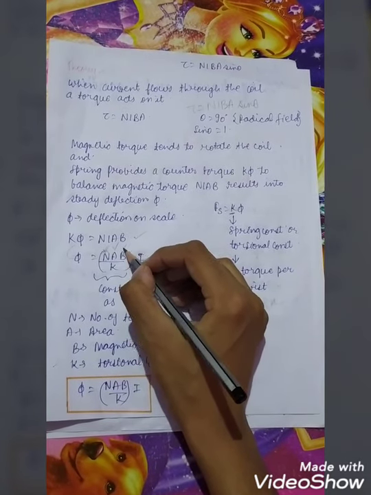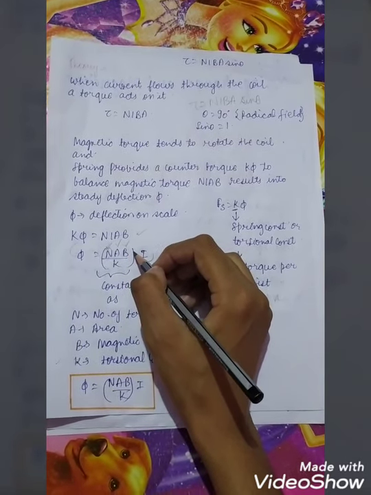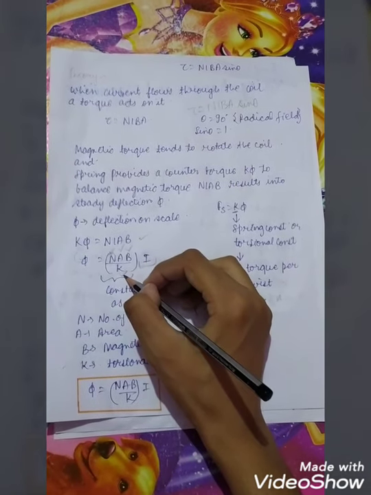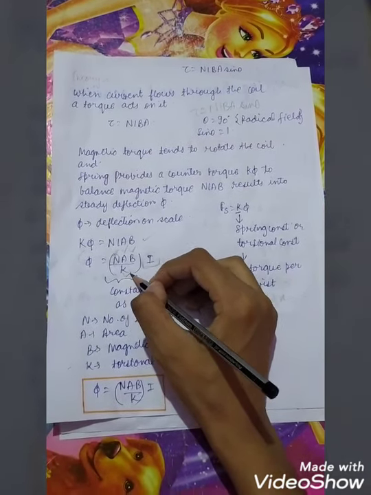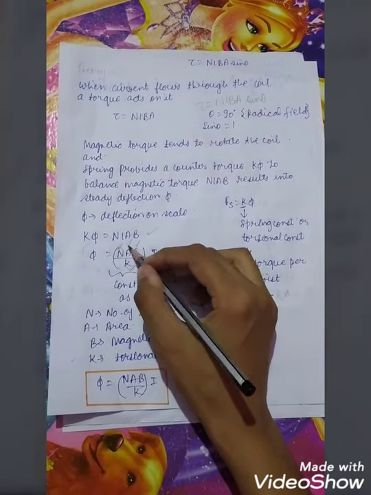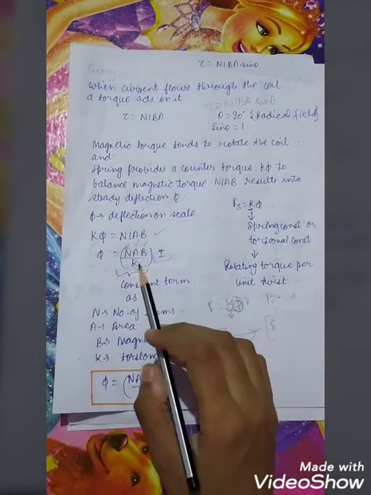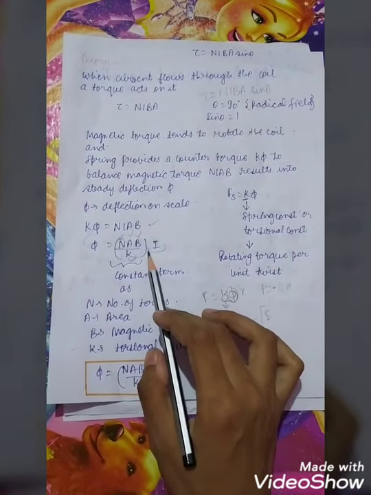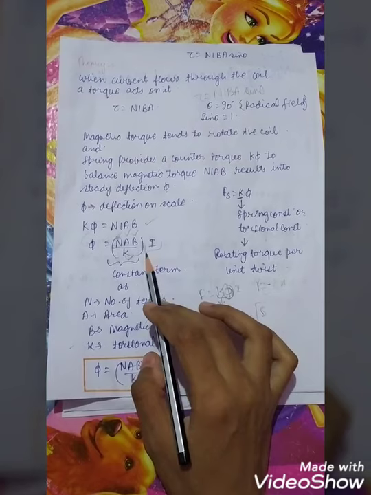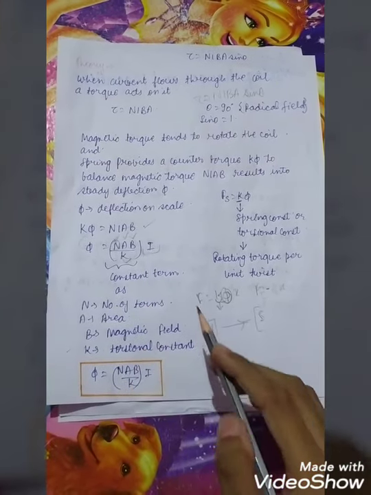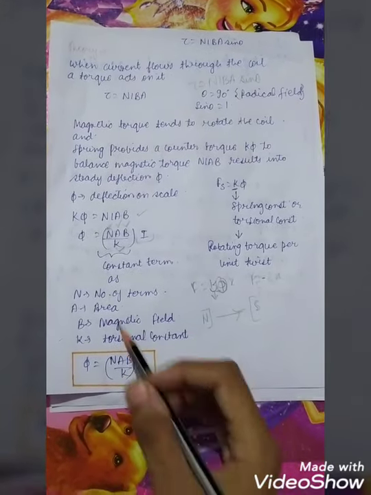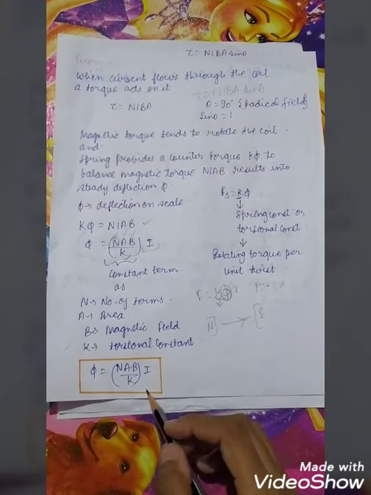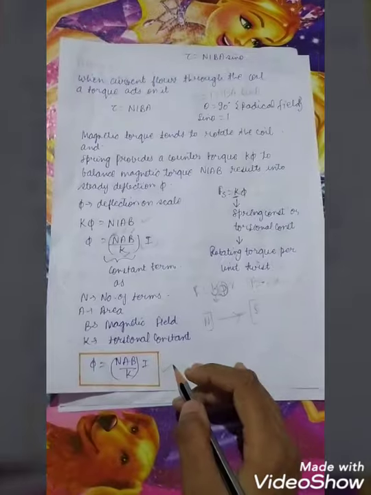And we are talking about a uniform magnetic field, so it should also be a constant value. The torsional constant is also a constant value. So this whole bracket is a constant term. The only value that is changing is the current flowing through the coil. So I get the deflection as NAB divided by K into I.